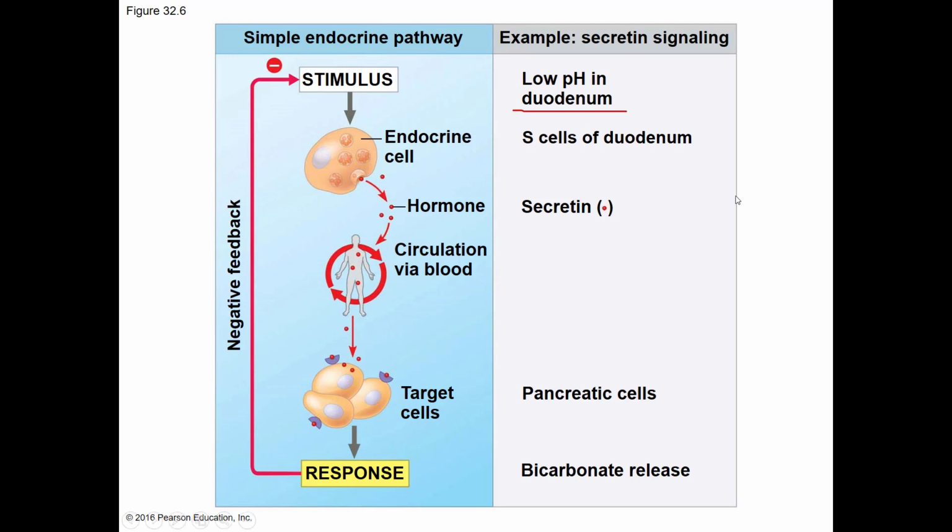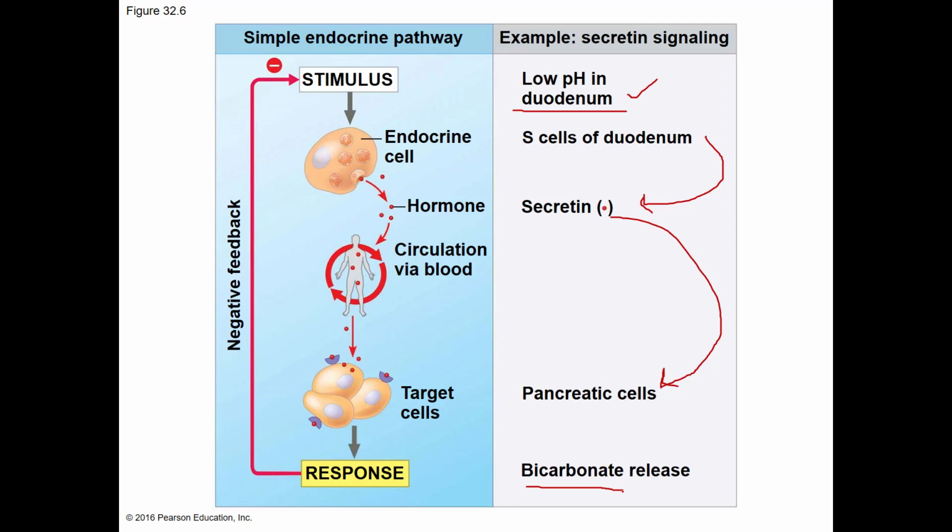So the stimulus is that there's low pH in the duodenum. The duodenum secretes a hormone called secretin. That tells the pancreatic cells to release something called bicarbonate, which is basically a buffer. Actually, it's more of a base that's going to make that pH rise.